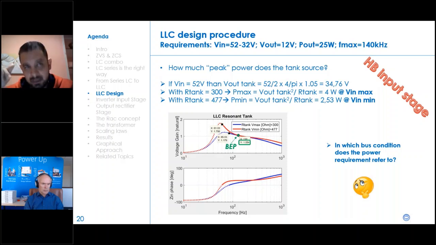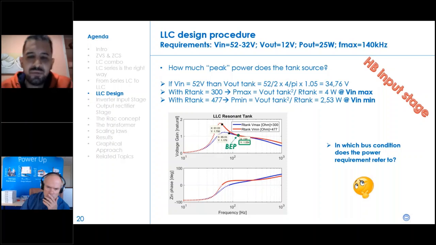We have tuned the resistor we selected initially to something that can match our bus condition. Now, if we calculate the peak power on the tank resistor, exciting our tank with the sinusoid, I'm going to calculate the peak power I'm getting on the tank resistor in both bus conditions. If we do that, we get two different values.